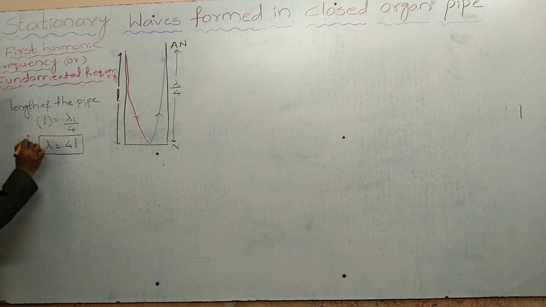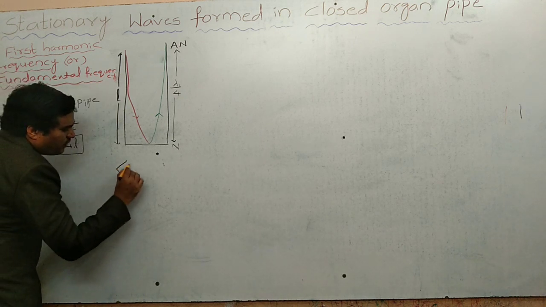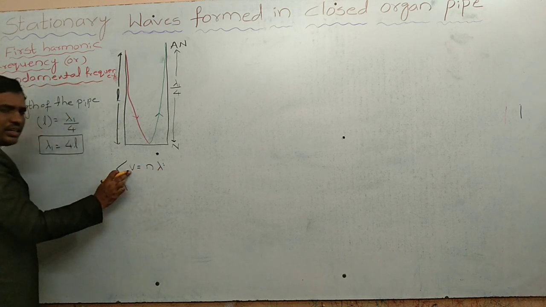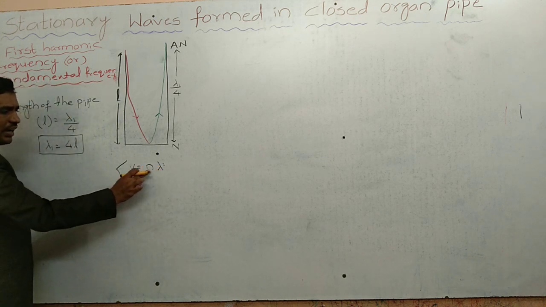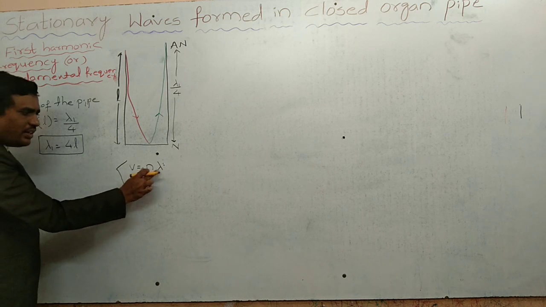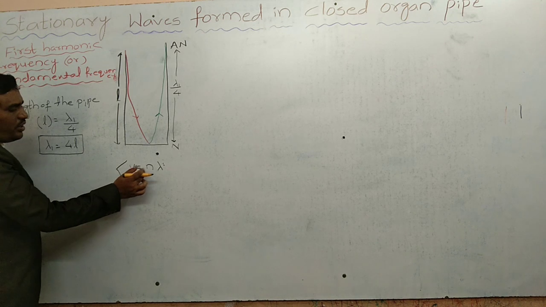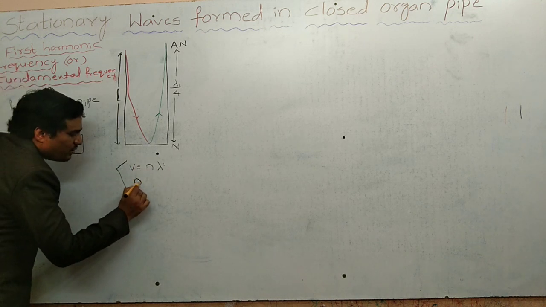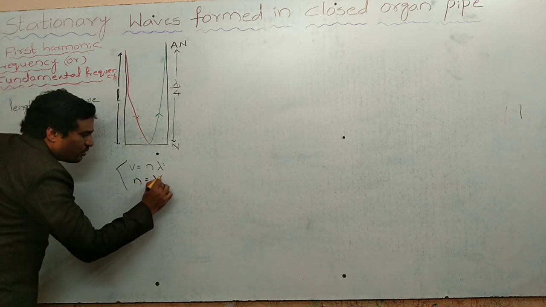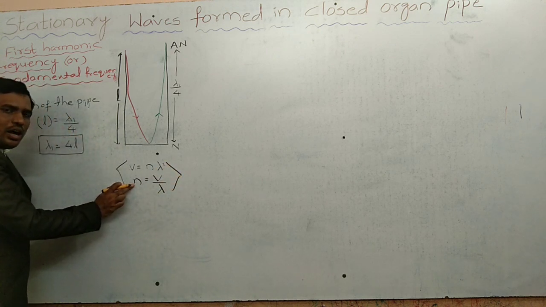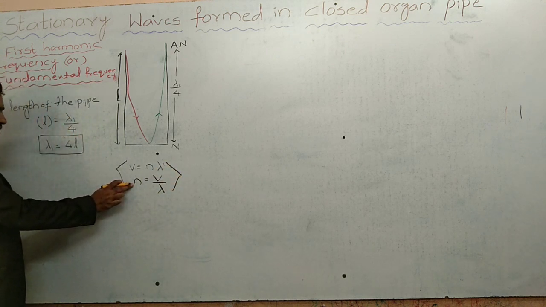If we know the wavelength value, then we can find the frequency, because V equals N lambda. V is the velocity of the sound wave, N is the frequency and lambda is the wavelength. So we can find the frequency value, N equals V by lambda. We can use N or nu for frequency.